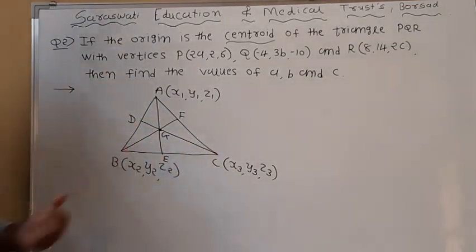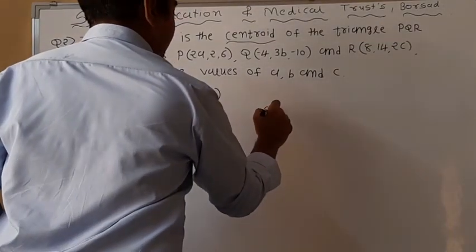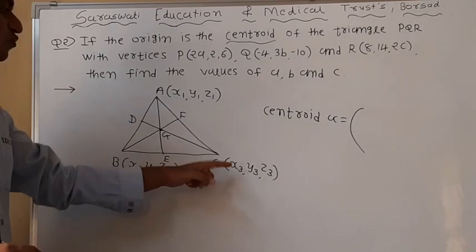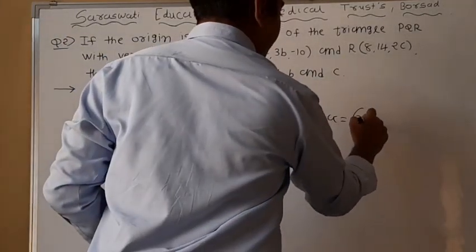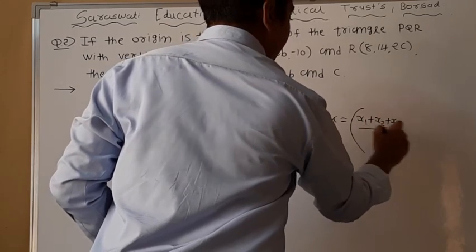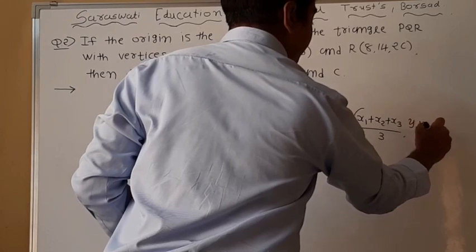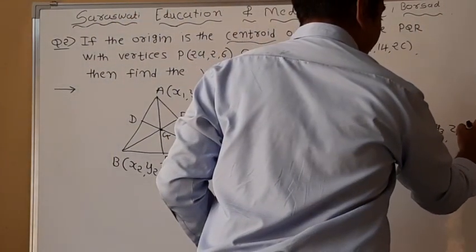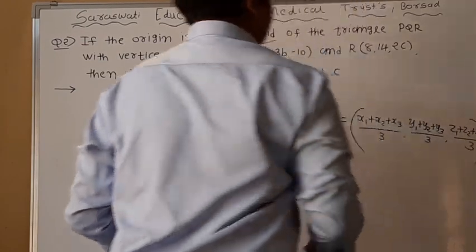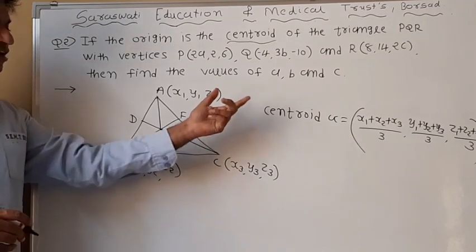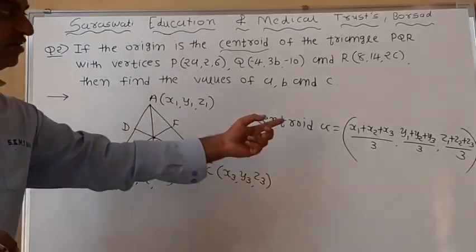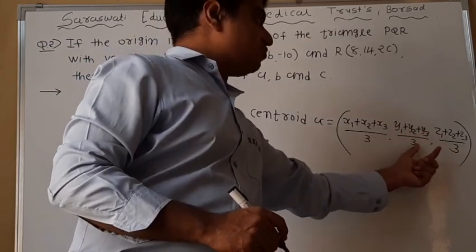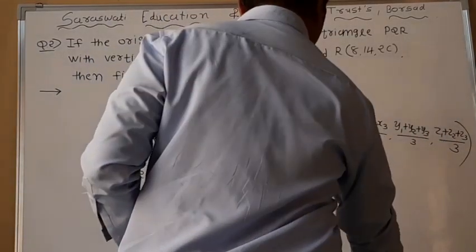So the formula of the centroid of triangle ABC: centroid G is equal to x1 plus x2 plus x3 divided by 3, comma y1 plus y2 plus y3 divided by 3, comma z1 plus z2 plus z3 divided by 3.